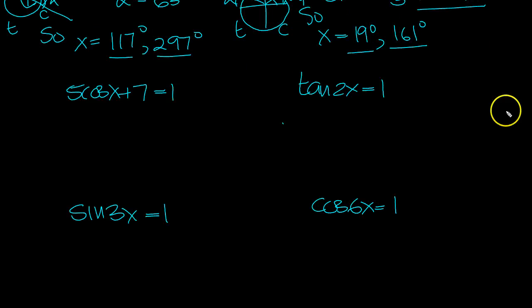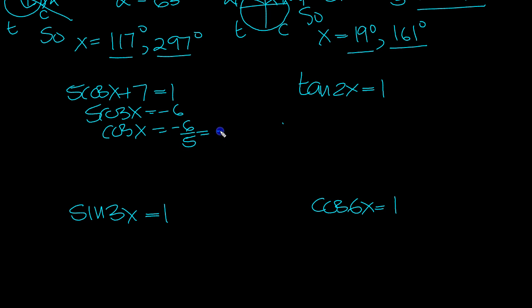Okay, good. Next one, move the 7 over, so 5 cosine x equals 1 minus 7, which is minus 6. Okay, and then cos x, move this 5 from times to divide, is minus 6 over 5, which equals minus 1.2.